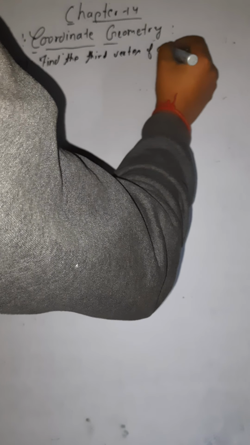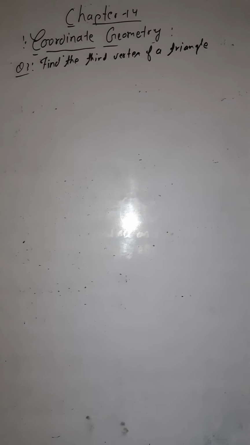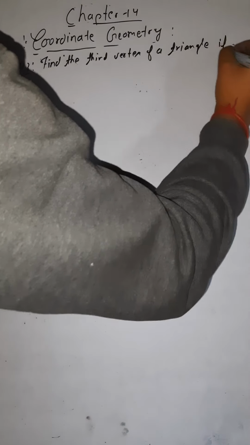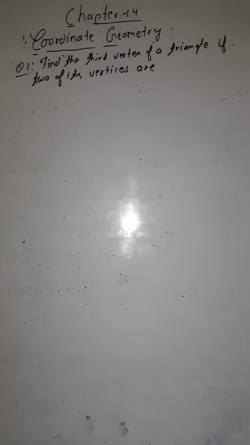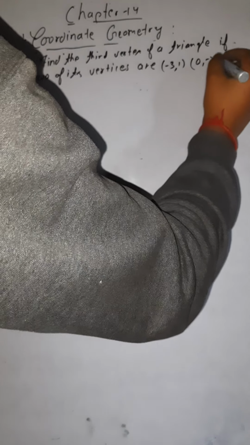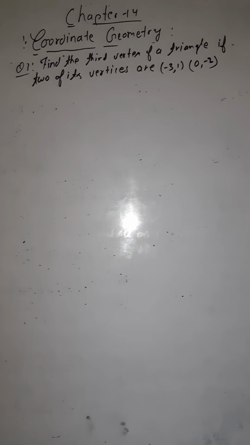Find the third vertex of a triangle if two of its vertices are (-3, 1) and (0, -2), and the centroid is at the origin.